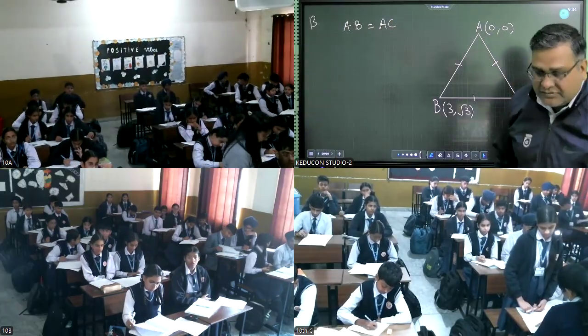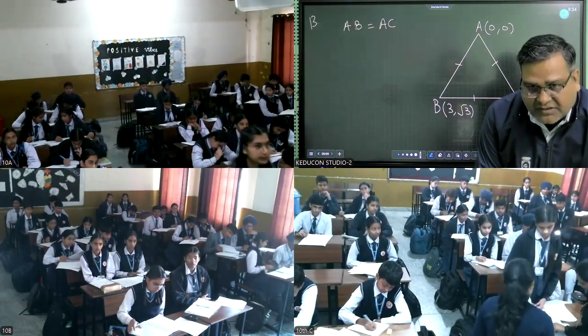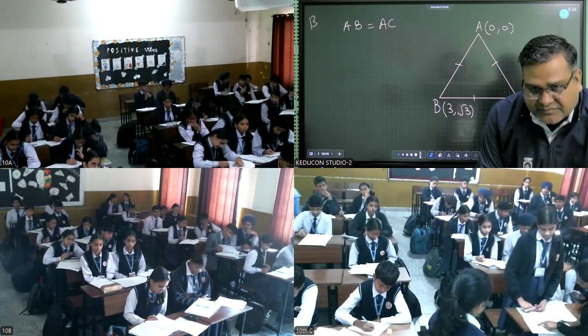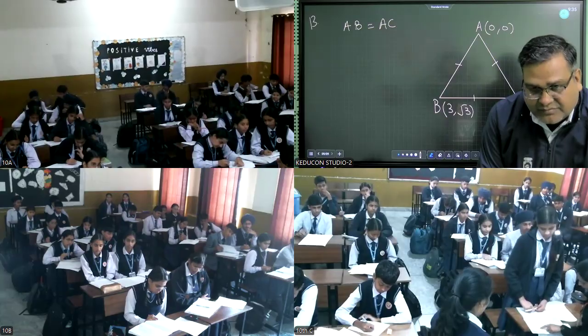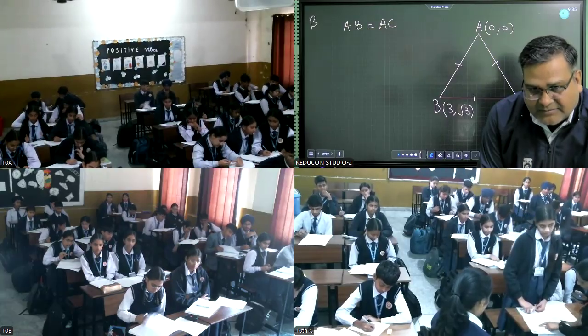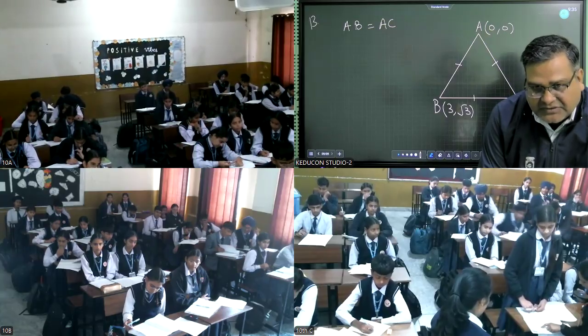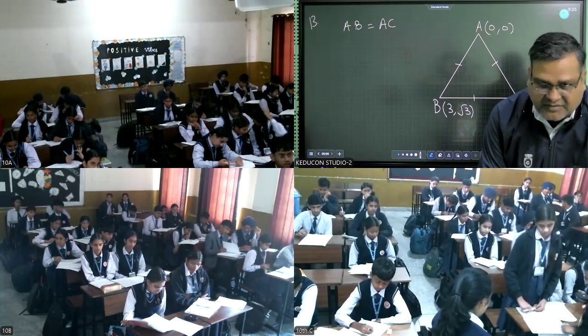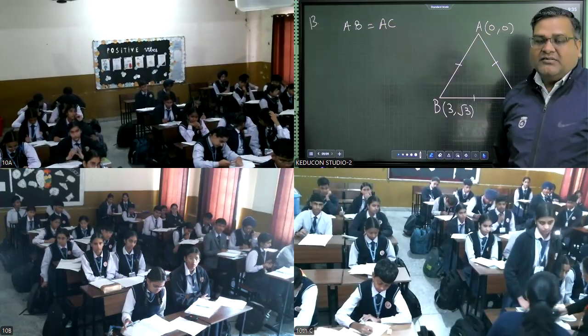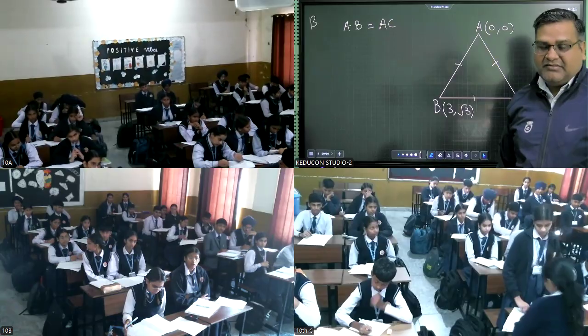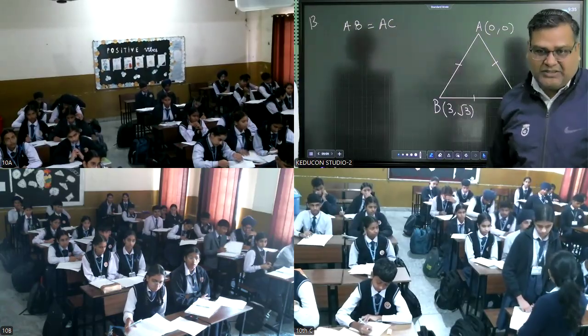So she is squaring both sides. And the next step, she is performing 9 plus 3 is equal to 9 plus lambda. Very good. And then 9 plus 3 minus 9 minus lambda is equal to 0. Right. She has found the solution, lambda is equal to 3. Thank you, ma'am. Beta, when you have done it correctly, then why are you not telling me? Then why did you pick the notebook of the other student?